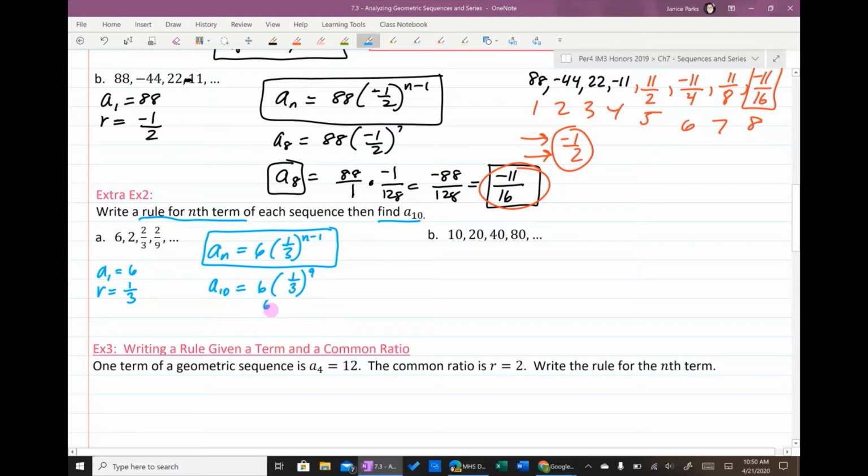So that would be 6 over 1 times 1 to the 9th over 3 to the 9th power, which is 19683. And then if you reduce that, your final answer will be 2 over 6561.